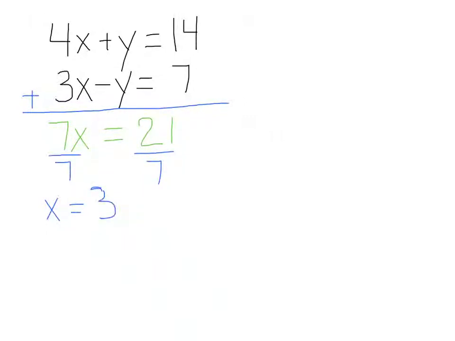Now that we know x, we need to figure out what y is. So just like with substitution, I can take this value of x and I can replace it in either of the top two equations. It does not matter which one we use. I like to keep my variables positive, so I'm going to choose to go back and replace x in the top equation. So we have 4, but we now know that x has a value of 3. So I'll replace it.